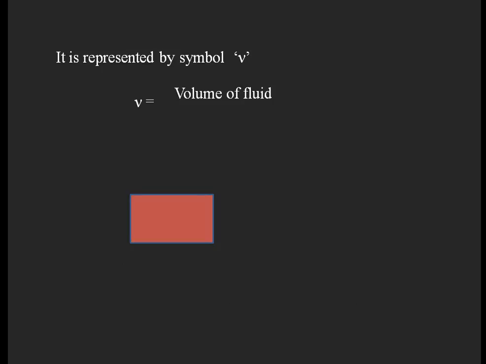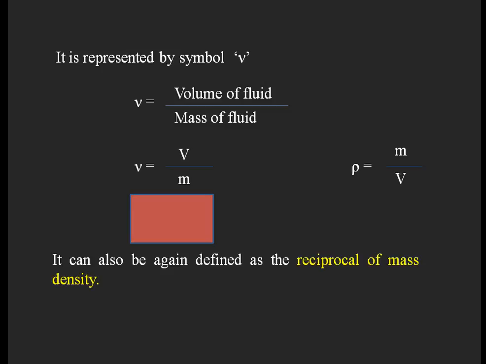Specific volume can be written as volume of the fluid to the mass of the fluid, so V by M. Since we know that rho is equal to mass by volume, this can be defined as the reciprocal of mass density. So v is equal to 1 by rho. That is about specific volume, which is the reciprocal of mass density.